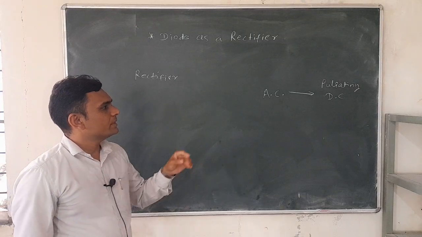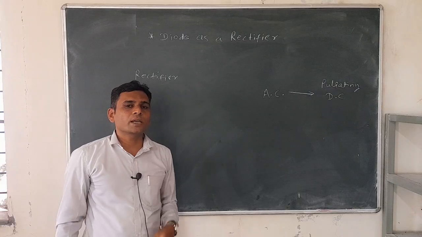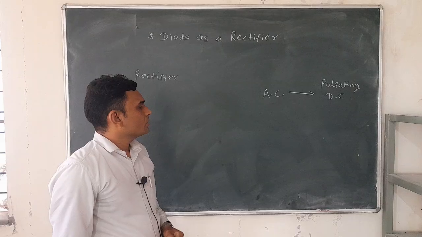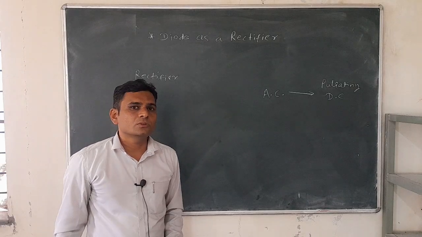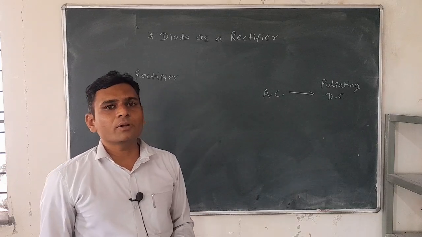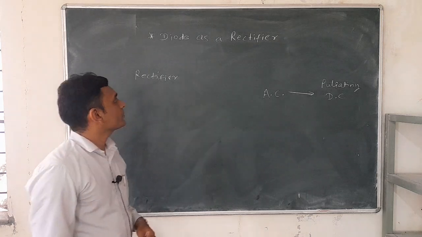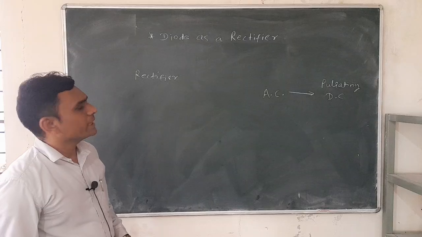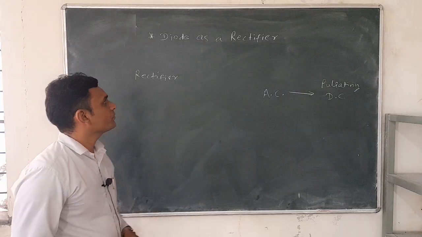This DC signal is important because most electronic components or devices require DC signal, and this rectifier circuit is required in regulated DC power supplies or in DC power supplies. So this rectification is the initial step to generate pure DC signal.